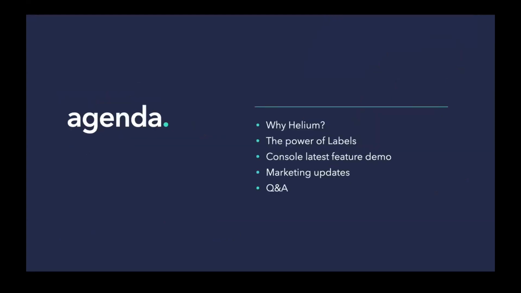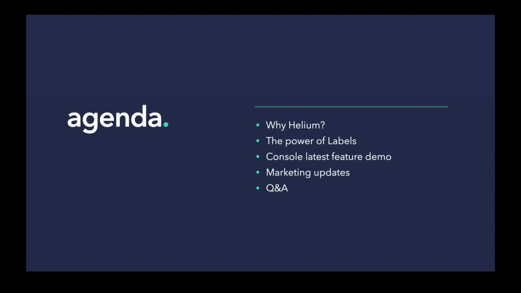Here are the things that we want to cover. So why Helium? Just kind of level set, talk about the key things about Helium that we think are really important and help developers. We're going to talk about the latest feature and have some live demos. But prior to that, we're going to talk about labels.